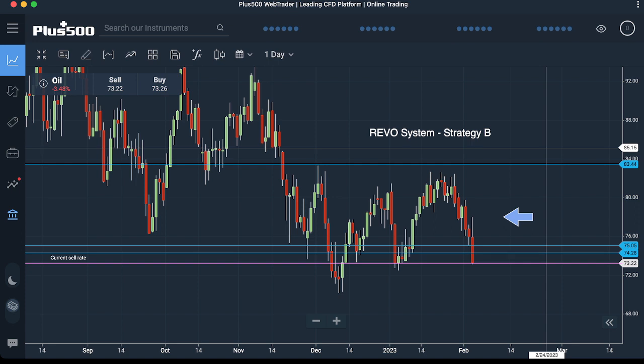So before watching part 3, which is going to be about one specific example of crude oil, the recent price action for Friday, February 3rd, and to better understand how you can catch the right setup on the right spot, if you didn't watch part 1 and part 2, it's better you first watch them to grab the first idea, and then you can continue watching the rest of the parts in this series.